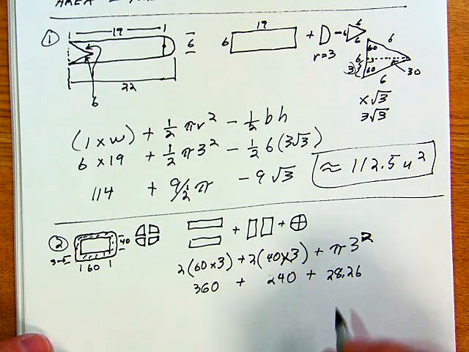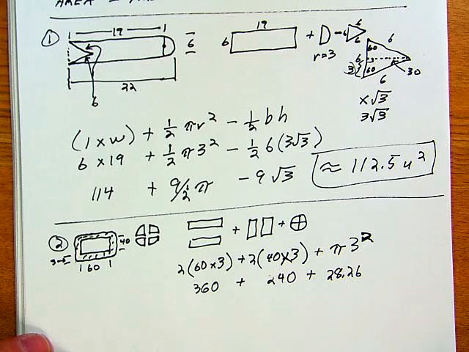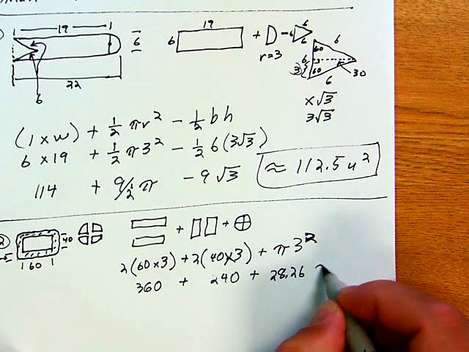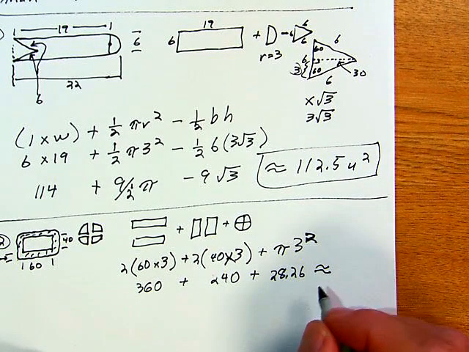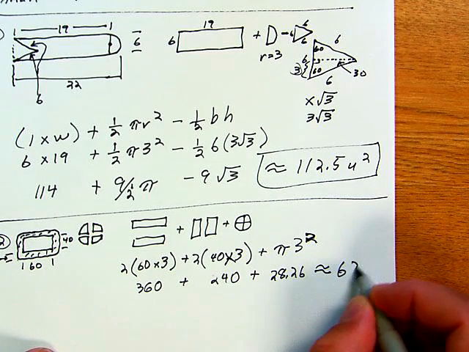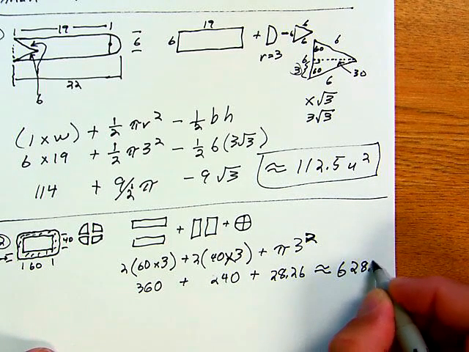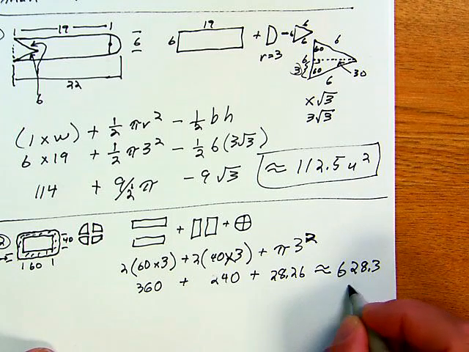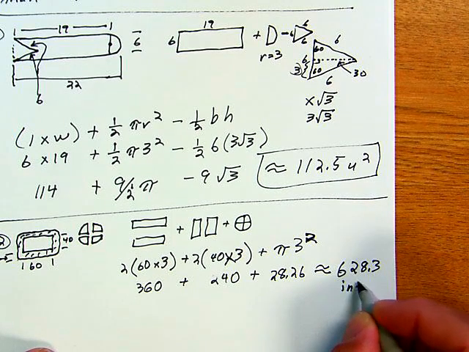So you add those all together, 360 plus 240 plus 28.26. And we get approximately, because I've used rounding and 3.14 for pi, 628.3, and this happens to be in inches squared.